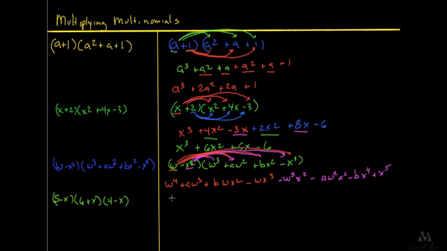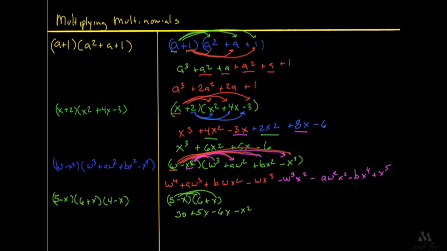We'll start off with doing 5 minus x times 6 plus x, and 5 times 6 is going to get us 30. 5 times x is simply 5x. Negative x times 6 is negative 6x. And then we have negative x times x, which is going to give us negative x squared.